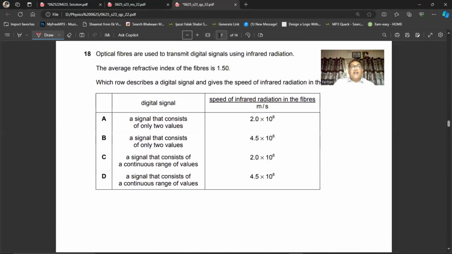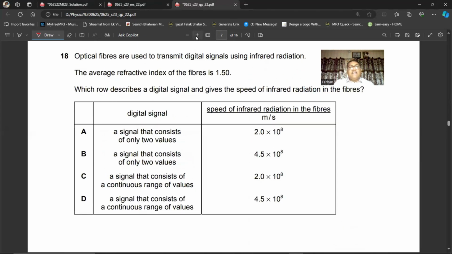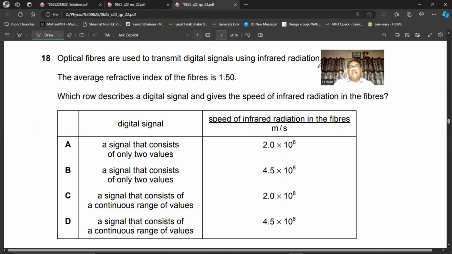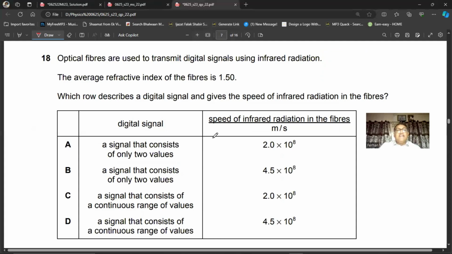Okay, so here we are on question number 18, and it says, optical fibers are used to transmit digital signals using infrared radiation. The average refractive index of the fibers is 1.50. Which row describes a digital signal and gives the speed of the infrared radiation in the fibers?